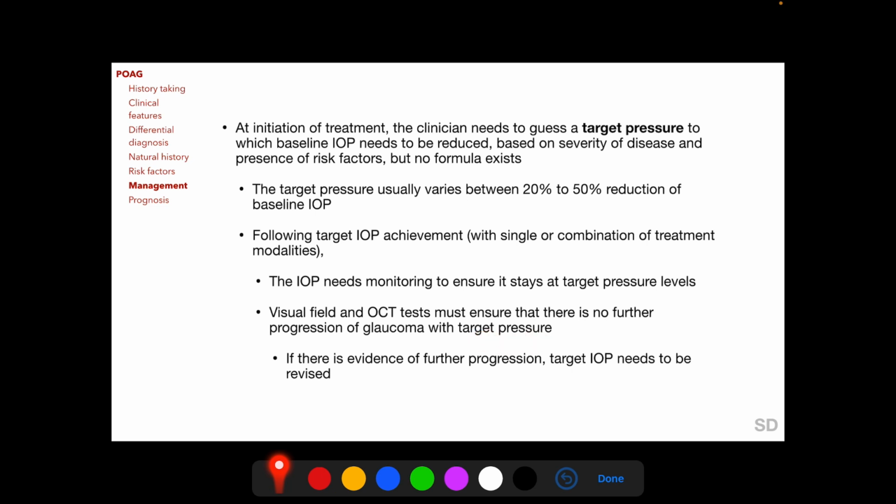On the other hand, if there is evidence of further progression after achievement of the initially determined target intraocular pressure, the target intraocular pressure needs to be revised and a lower target intraocular pressure needs to be determined and achieved, at which long-term monitoring with visual field and OCT testing confirms stability of the disease process without further progression.